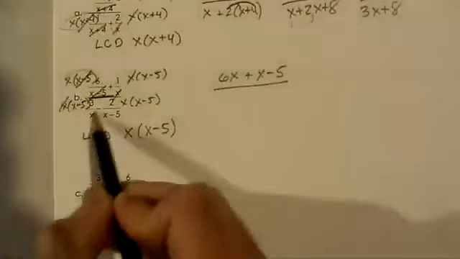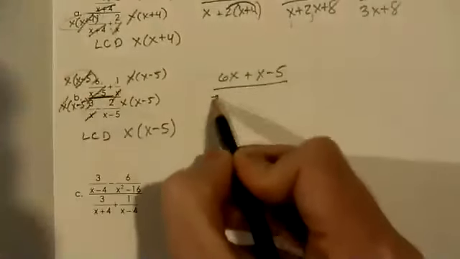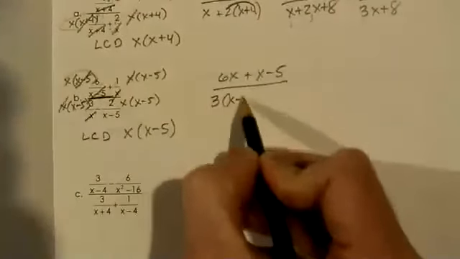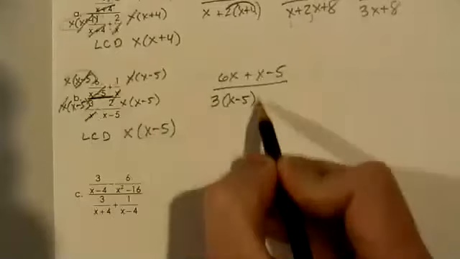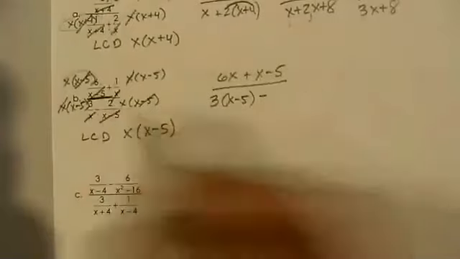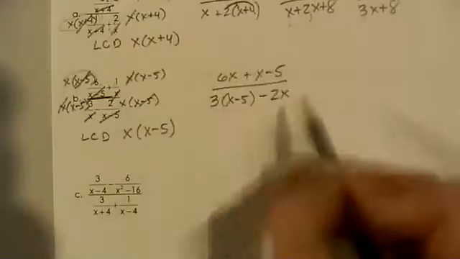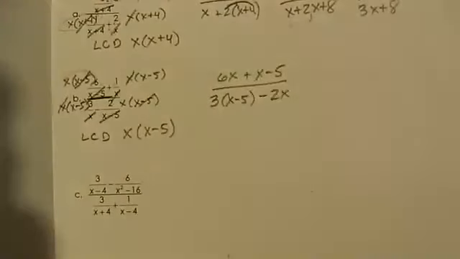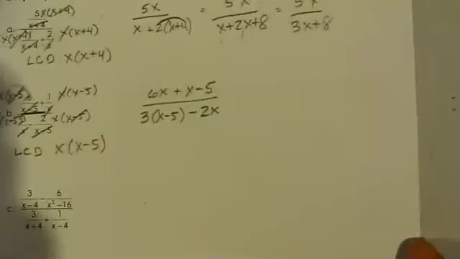Your x's cross out, and you're left with 3 times x minus 5 minus 2x. So that helps dramatically about getting rid of all those other denominators, making the problem look so much easier.